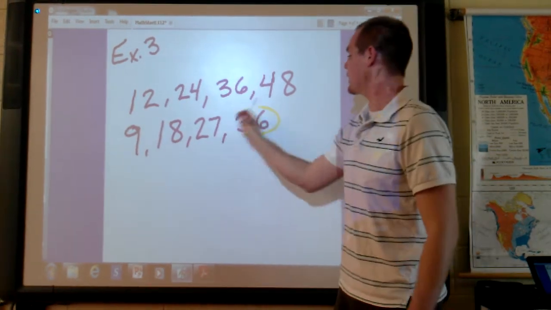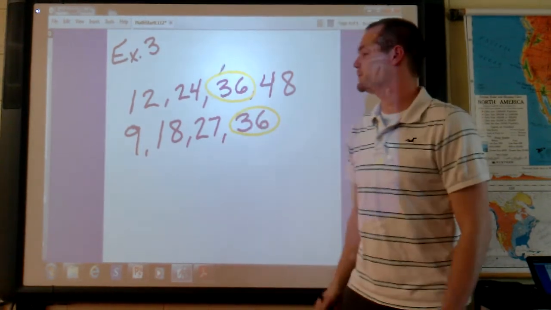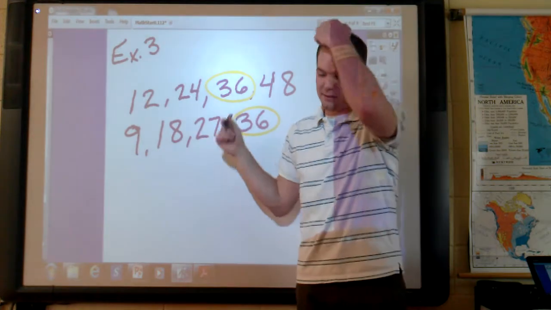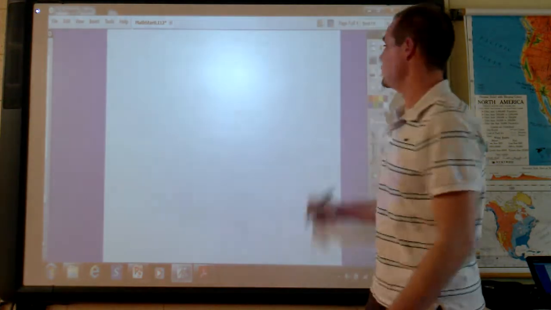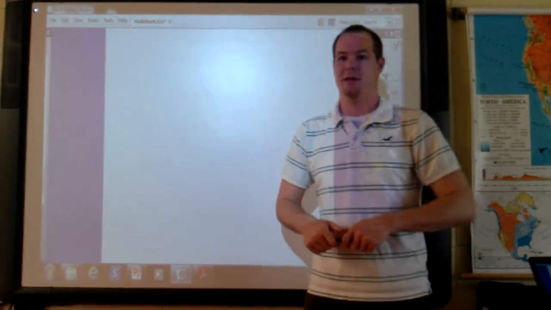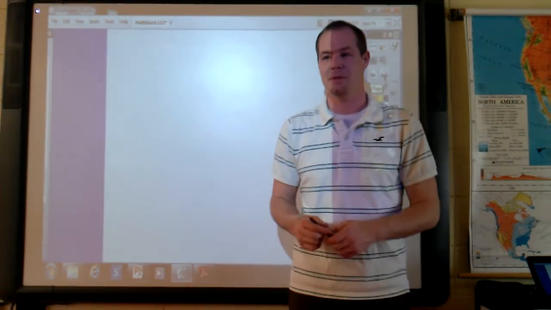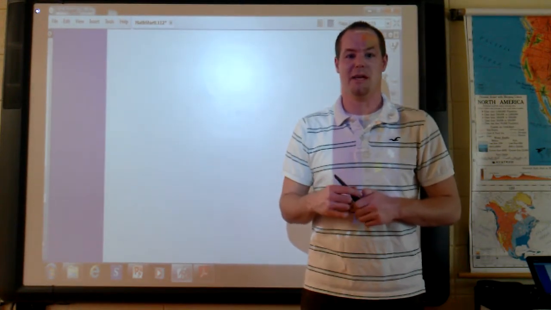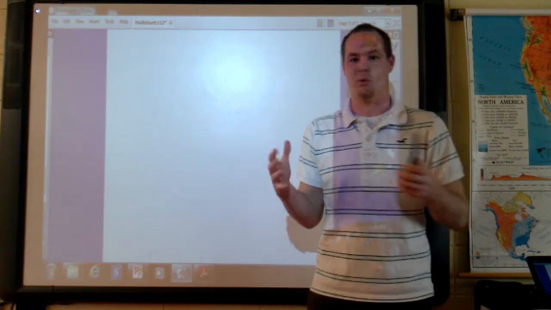We've run into our first common multiple. It is the least common multiple of 12 and 9. It is 36. You can find the least common multiple of any numbers. Eventually you would find a multiple that they had in common, I think as long as they're whole numbers.